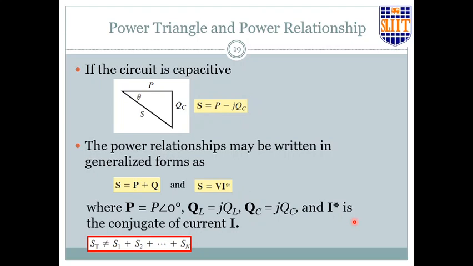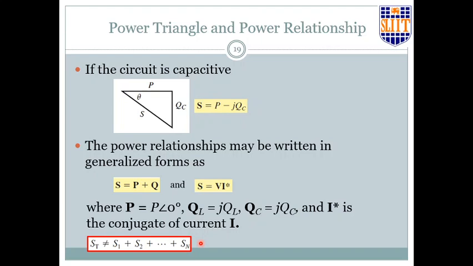However, one thing we have to remember is, although we could add the P components together and Q components together, we can't add the S values, the apparent power values, together. So this equation, that is the total apparent power, is not the sum of individual apparent powers.